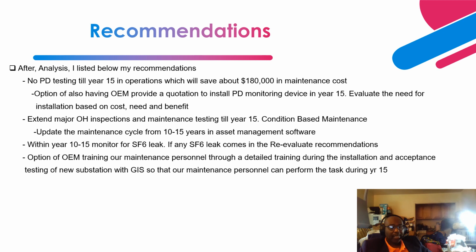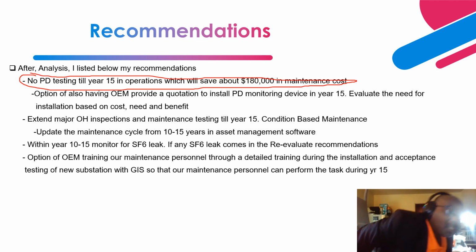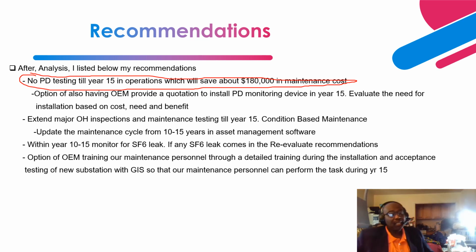So like I indicated, after the analysis, one of my recommendations is to extend the testing of PD from the 10-year interval, the major overhaul interval, to the 15th year, right?